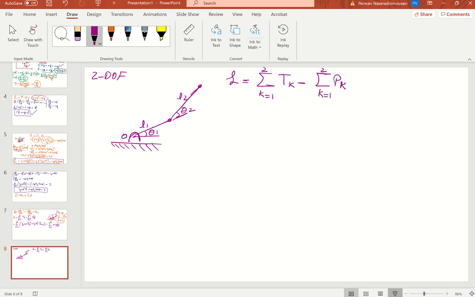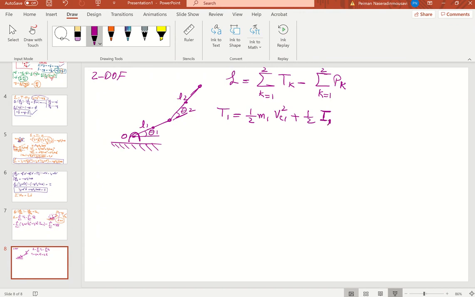Mass center of 1 is here. So T1, because you have two T's, is 1 over 2 M1 VC1 squared plus 1 over 2 I1, because both are planar, their axis of rotation is out of the plane. That's right, right hand rule.